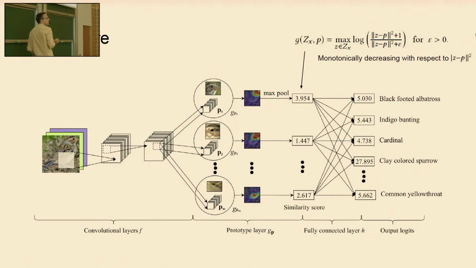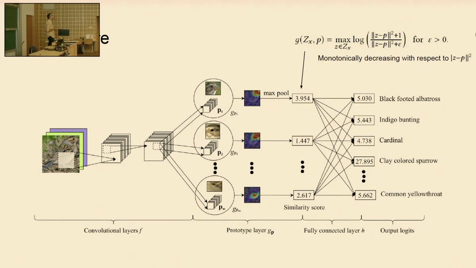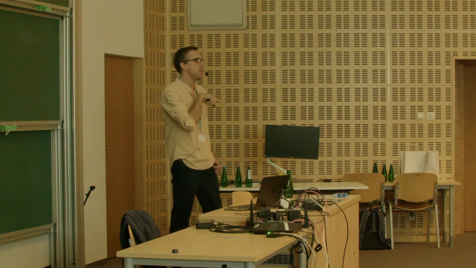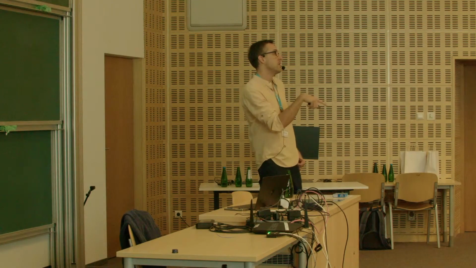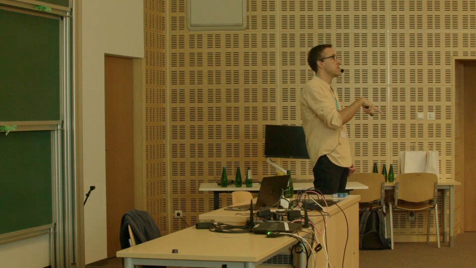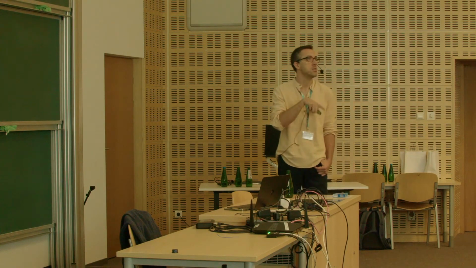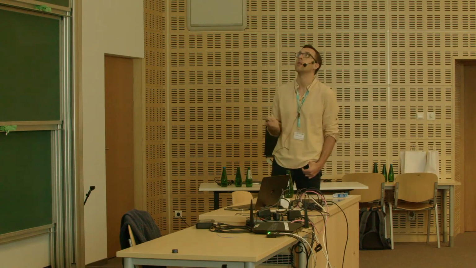So to what will this maximum value correspond? What do you think? Most similar area. So the area where this prototype activates most, the area to which this prototype is the most similar.